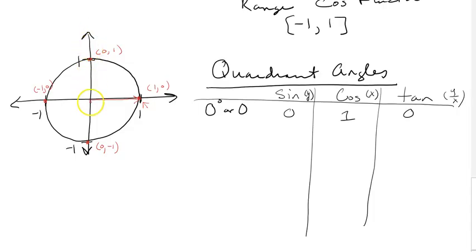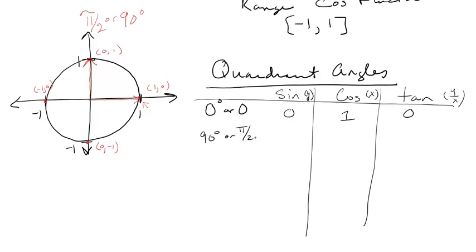Now, the next angle we're going to talk about is this one up here. This is your pi over 2, or 90 degrees. Pi over 2 radians is 90 degrees. Okay, let's look again.